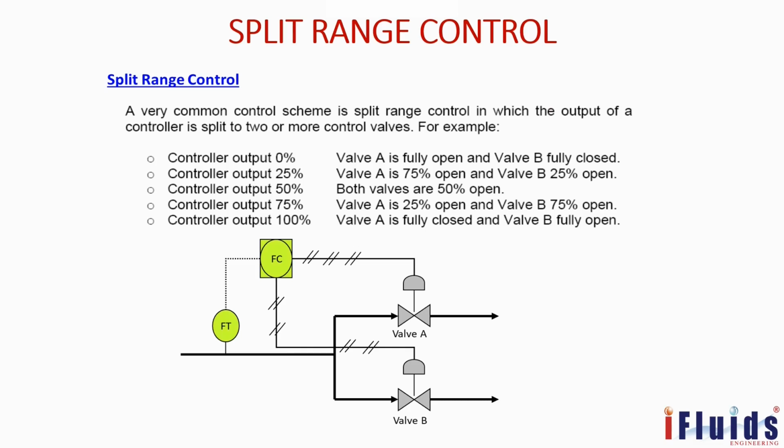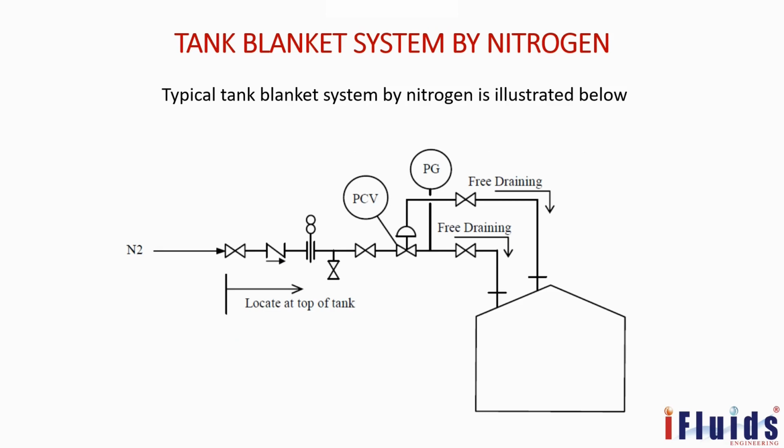Now we are going to discuss the tank blanketing system by nitrogen. This is the general arrangement for nitrogen blanketing in a tank. For any hydrocarbon which requires nitrogen blanketing, this minimum arrangement should be there.